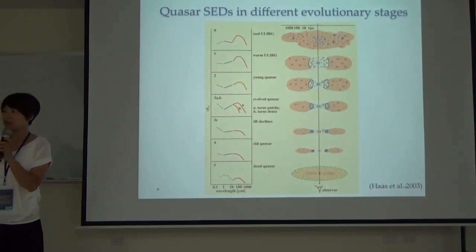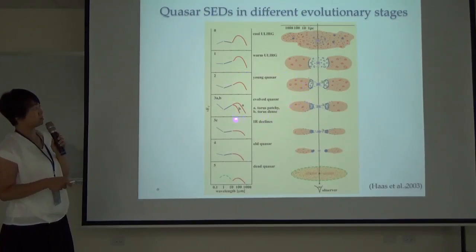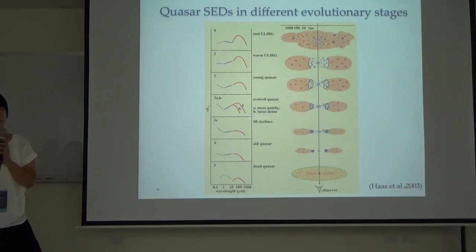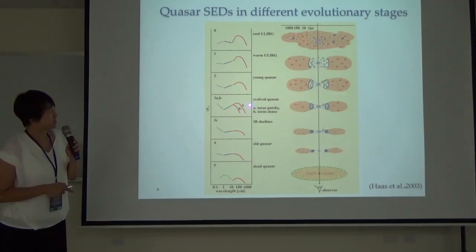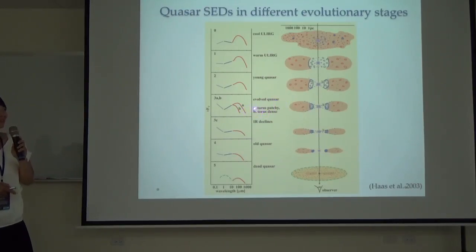Yeah, the middle stage is the 3 here. Yes. I just wonder, is there any index or numbers so that we can distinguish which is A or which is B? I'm not sure, because A is Taurus, right? B is the, but I don't really understand the difference between A and B. I have to check the paper here. Oh, okay.